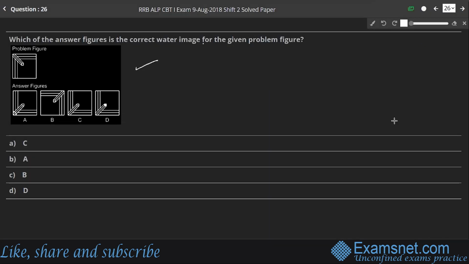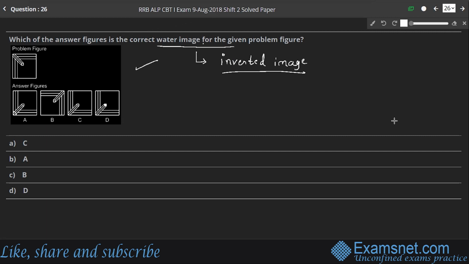Question 26. Which of the answer figures is the correct water image for the given problem figure? Here water image is nothing but the upside down image, or inverted image. It is not the mirror image.